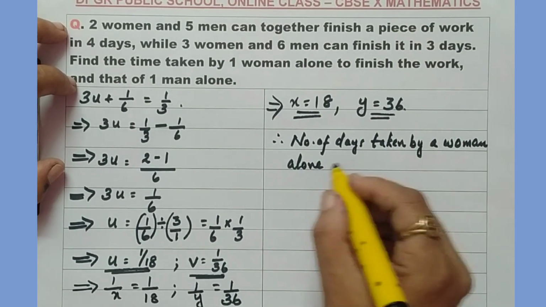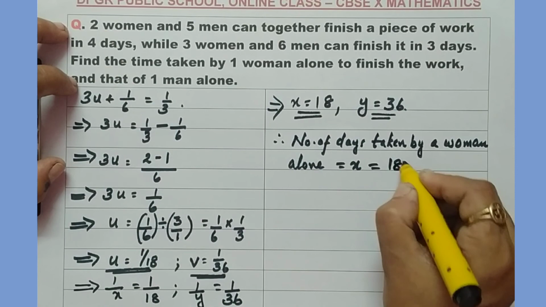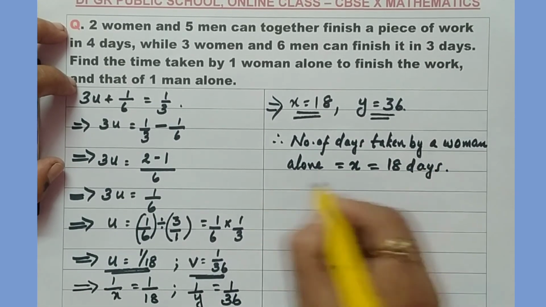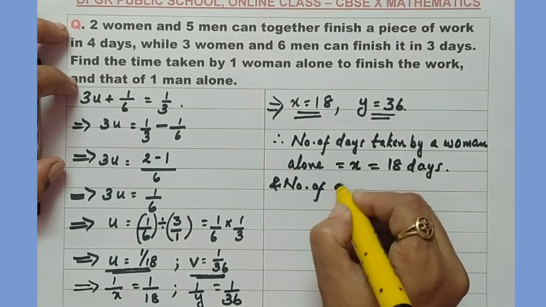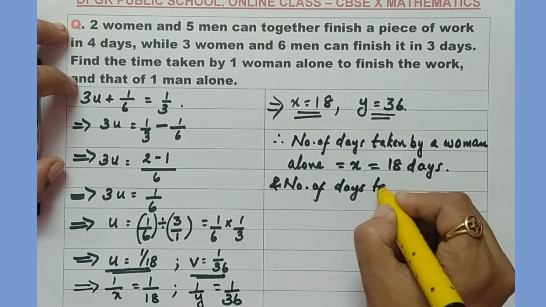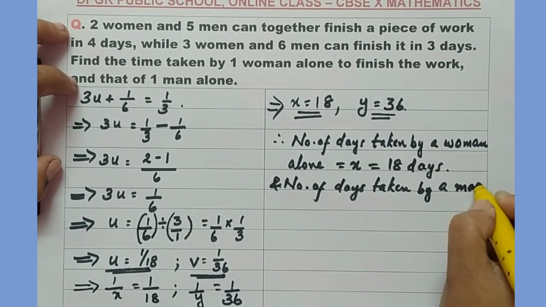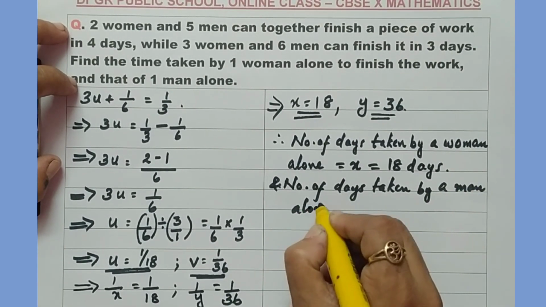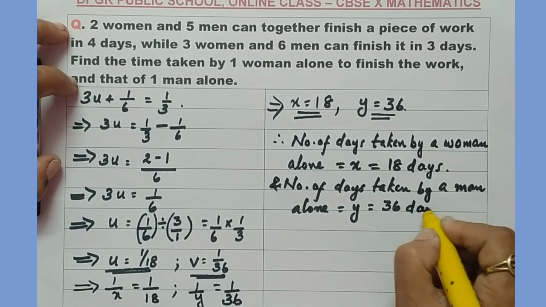Number of days taken by a woman alone equals x, which is 18 days. And the number of days taken by a man alone equals y, which is 36 days.